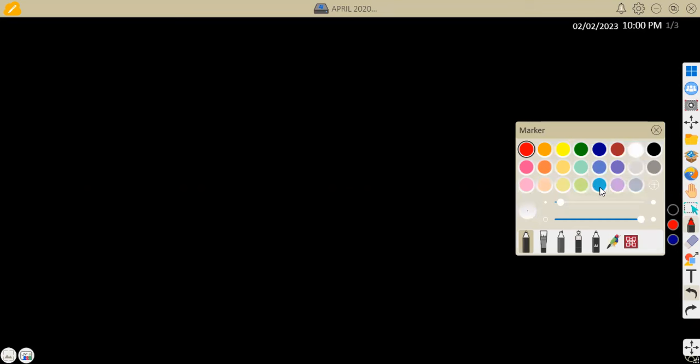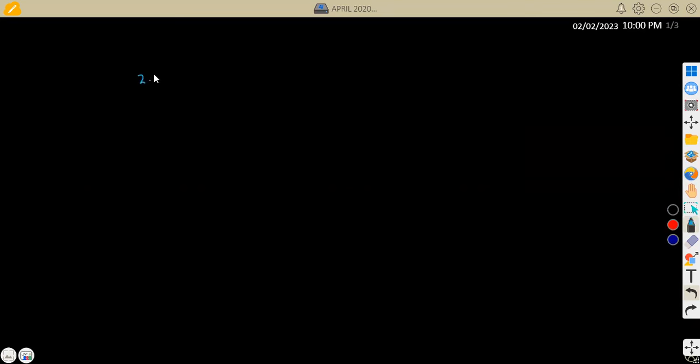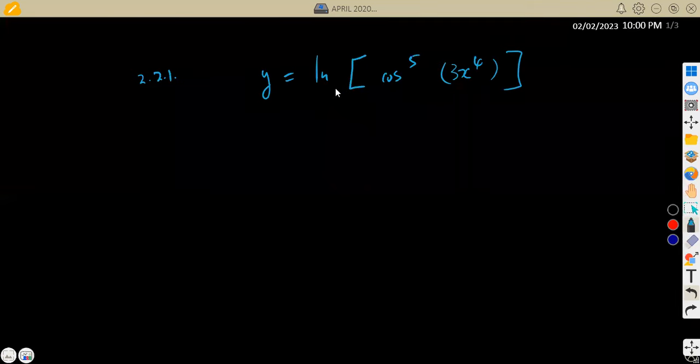All right, so on 2.2.1, guys, we are given y is equivalent to ln of cos to the exponent of 5, and we put 3x to the exponent of 4, like this. So if we check here, we are dealing with ln.